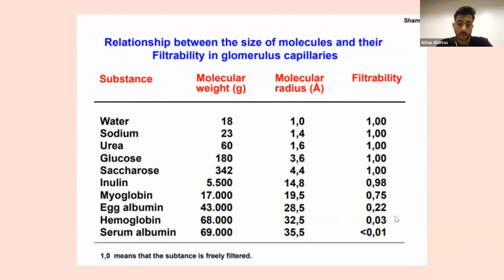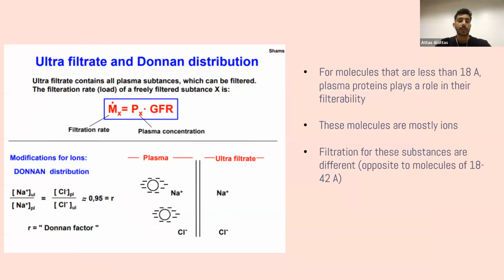However, usually in normal cases, the hemoglobin is packed in the RBCs, and RBCs are not allowed to be filtered because of the endothelium of the capillary. Okay, so remember when I said that molecules that are less than 18 angstrom are freely filtered with no restriction, and the charge of the substance doesn't matter.